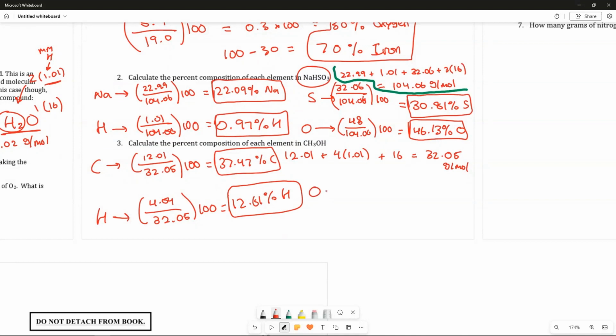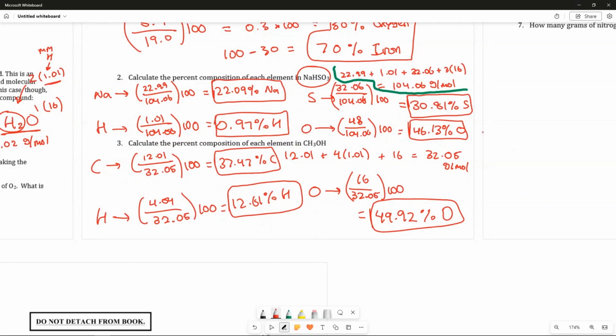And lastly, oxygen, we take 16 over 32.05 times 100, which should give us a value of 49.92% oxygen. Percent oxygen. That's it. Double your percents.